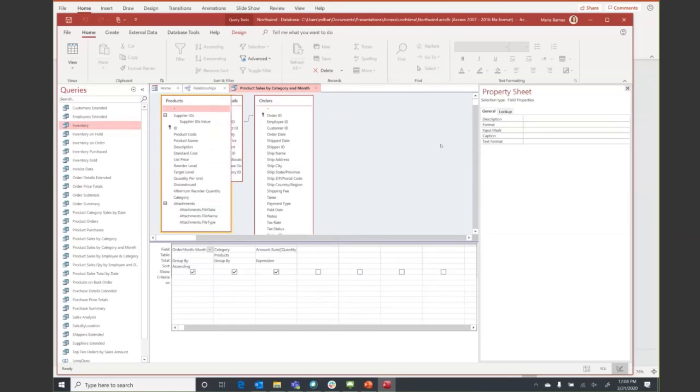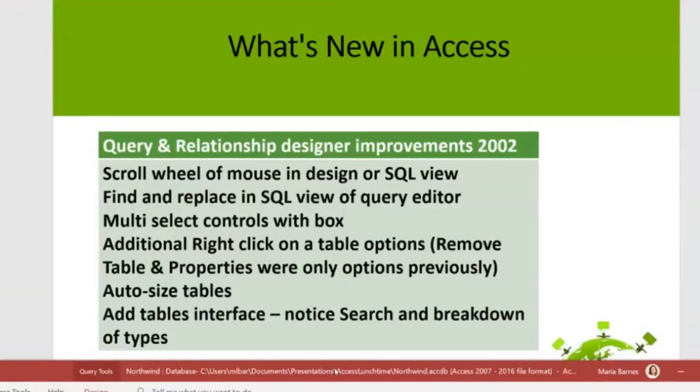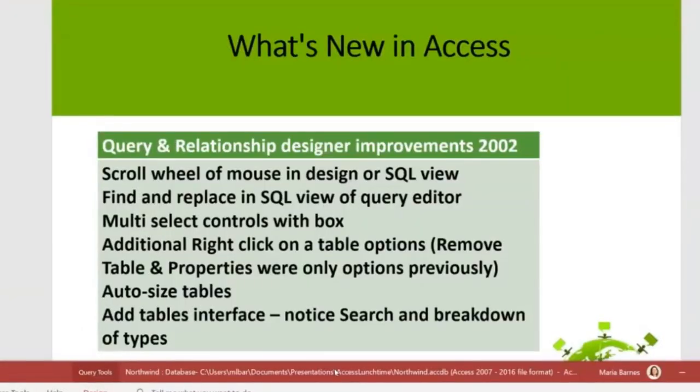So good job. Once again, if you joined us late, because we do have quite a few people on now, and when I started, there was only about 6 of you. This particular group of what's new in Access that we're talking about is improvements that have just been made starting in version 2002, which is a February release and should be what's in the monthly version, I believe, of Office 365 right now.